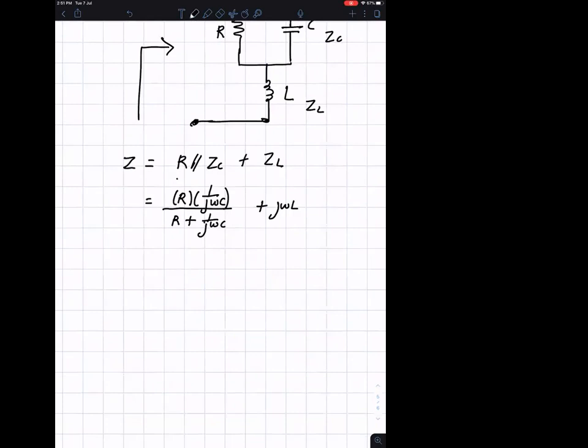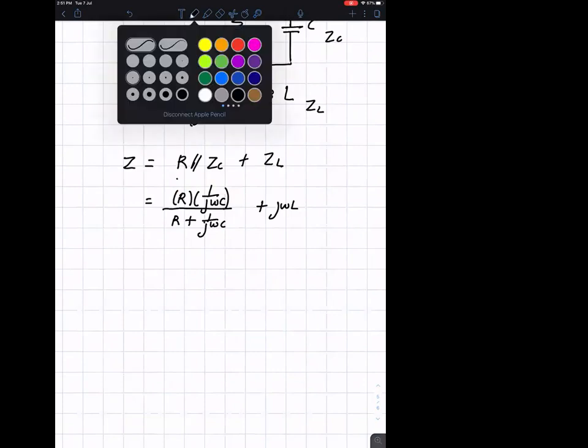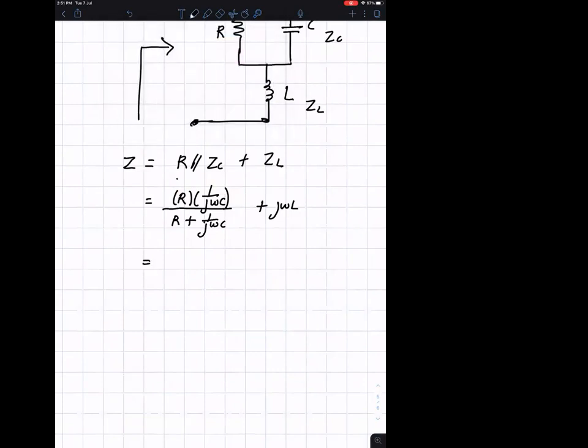Any question? If I multiply top and bottom by j omega C on this, you're going to get R over 1 plus j omega RC. Let me rewrite that. I would like to do this slightly differently.